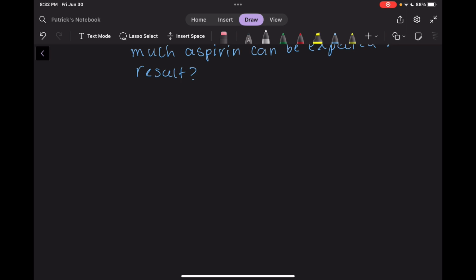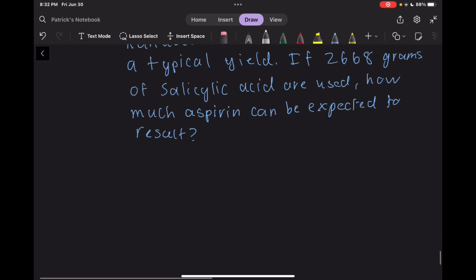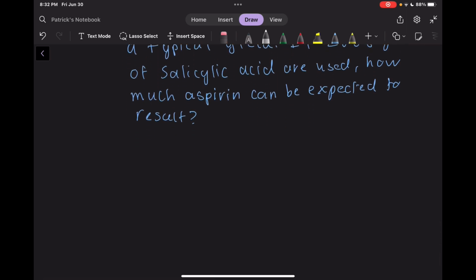We have the chemical formulas for these compounds given to us, so let's write a chemical equation. We first have salicylic acid, C7H6O3, and then acetic anhydride, C4H6O3. The anhydride here, by the way, just means that there's no water involved in this compound, which we should remember from our video on nomenclature.